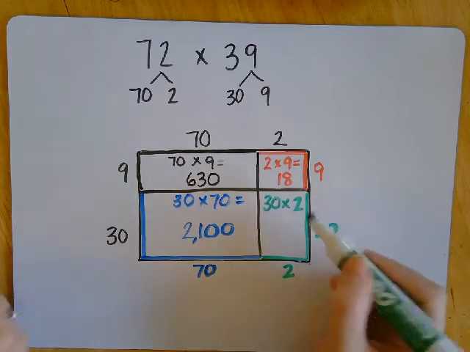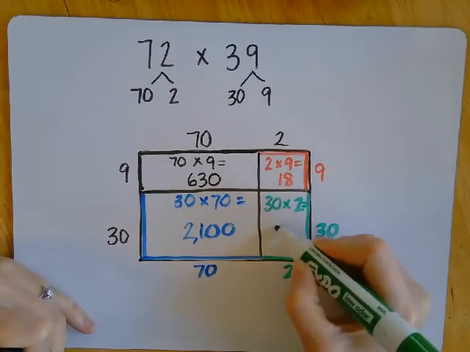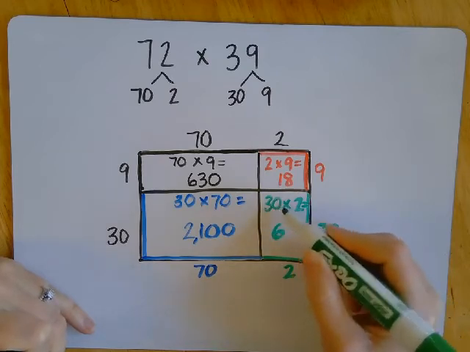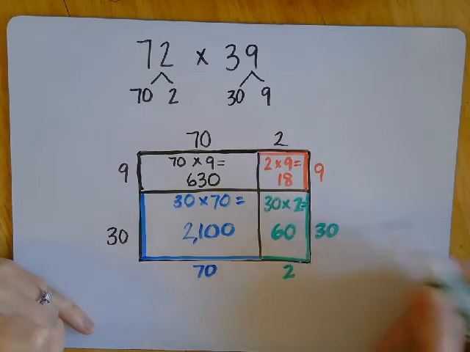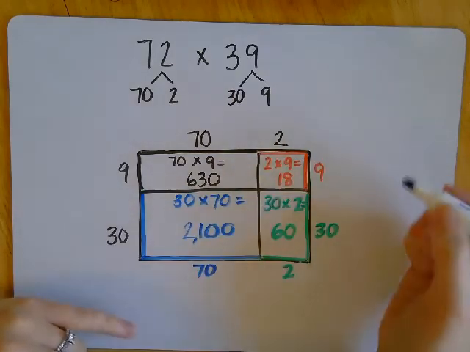And then lastly, 30 times 2. I know 3 times 2 is 6, but because I'm multiplying by a 10, I need to add a 0 in my answer. Now that I have each of my parts, I can add those up and get the total for this area model.